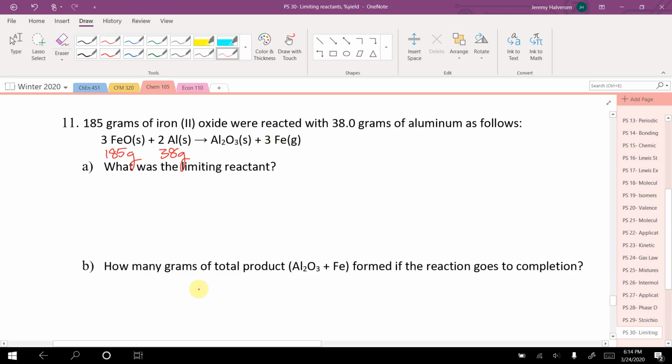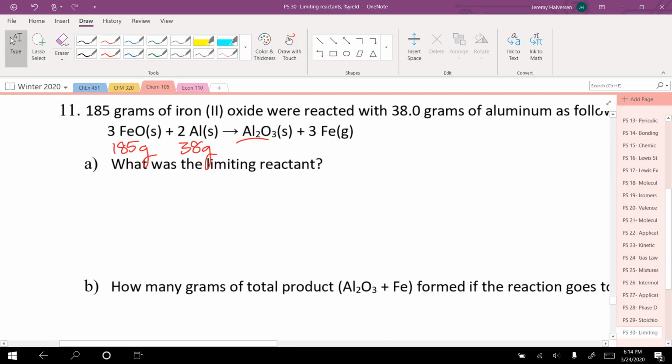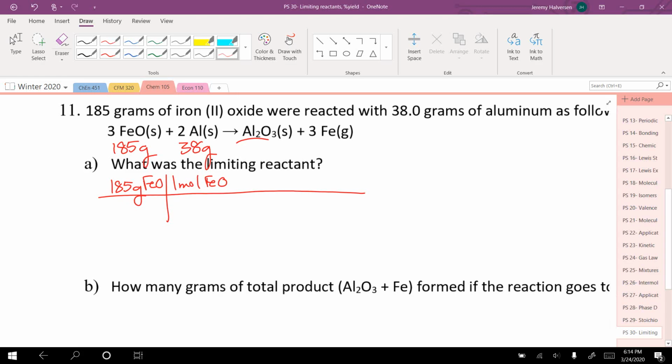And to figure out which product I want to use, I'm going to look at the next part of the problem. It says how many grams of total product are formed. So they want us to eventually find both, so we can pick either product. Let's pick Al2O3. All right, so I'm going to convert my 185 grams of FeO, 1 mole of FeO is 55.85 plus 16, 71.85 grams of FeO.